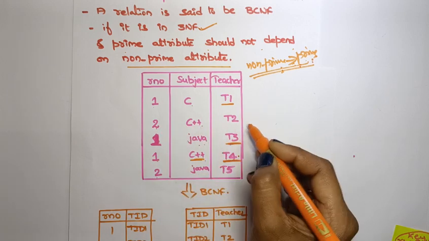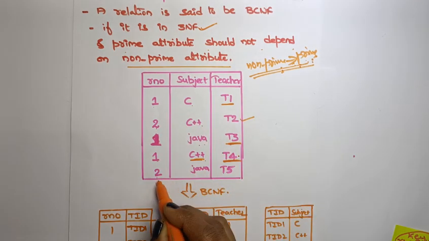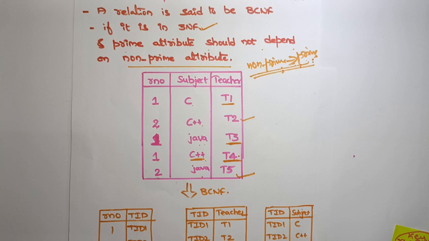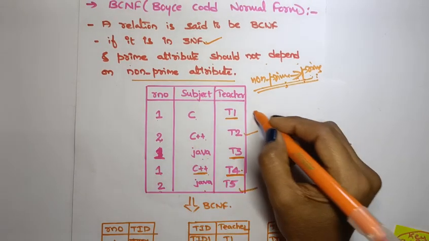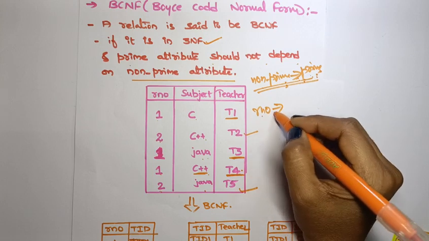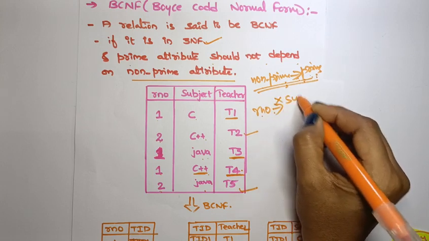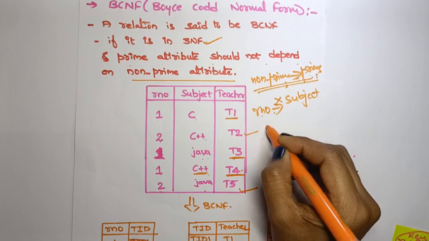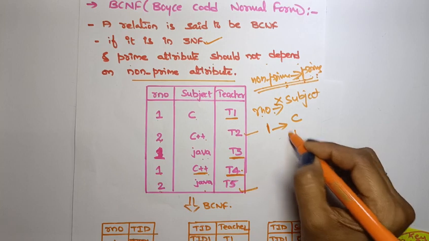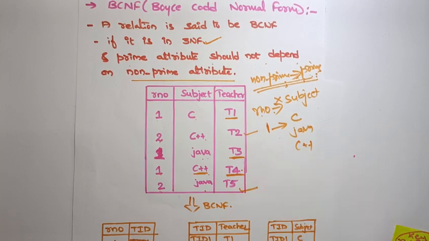Roll number 2, C++, allotted teacher is T2. Roll number 2, subject Java, allotted teacher is T5. Now, if you observe here, roll number alone cannot identify the subject. Why? Because roll number 1 has the subjects C, Java, C++.